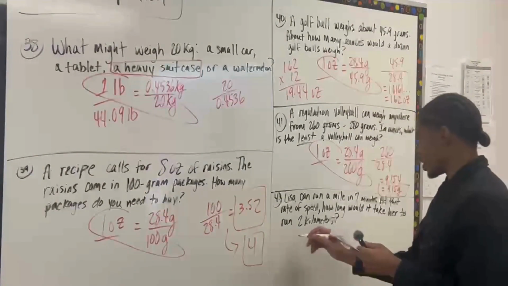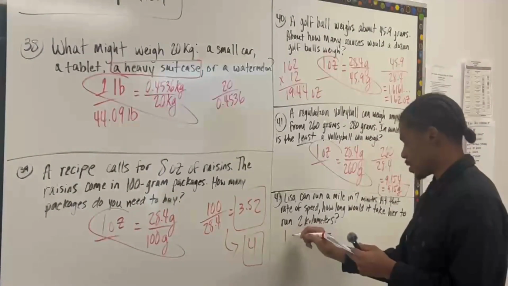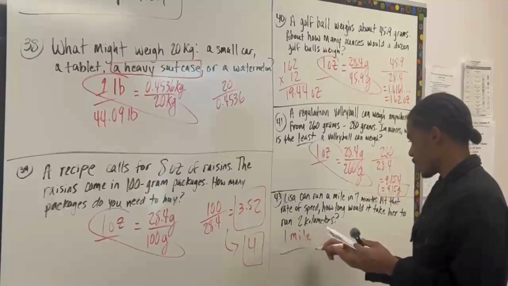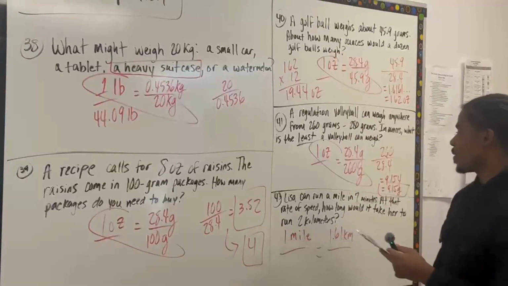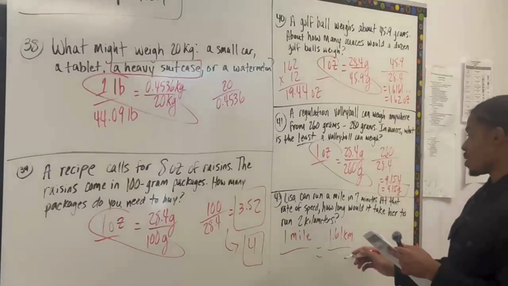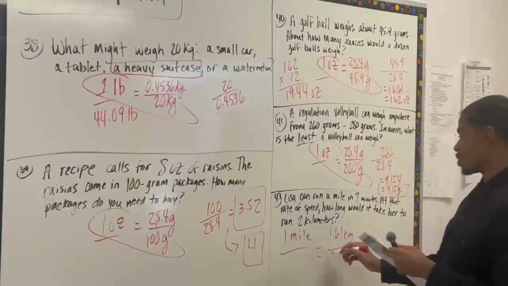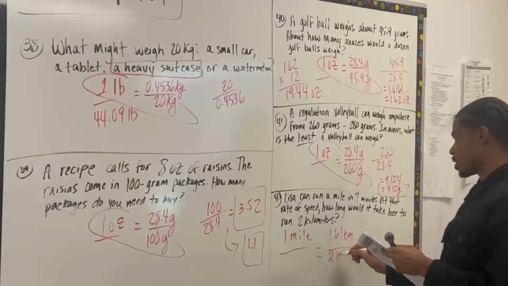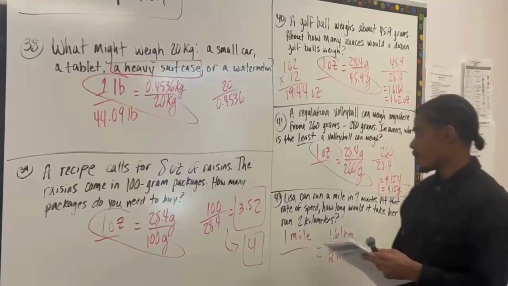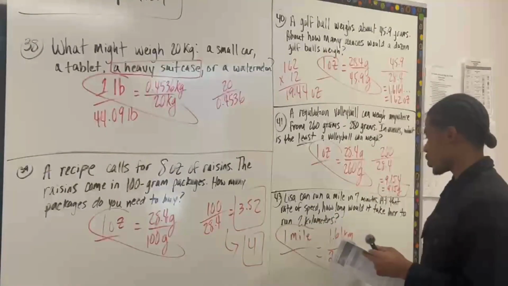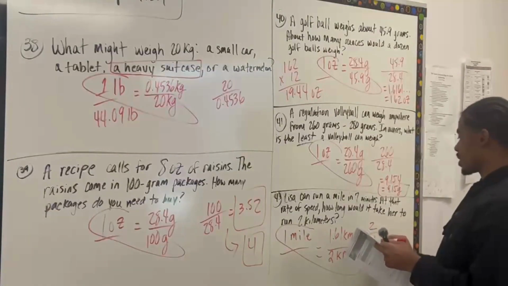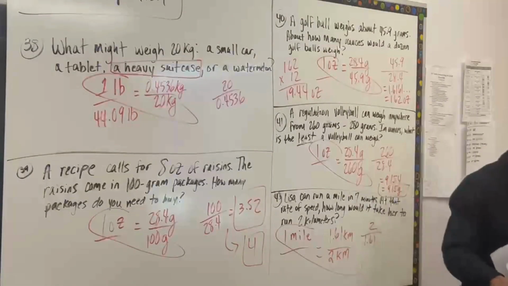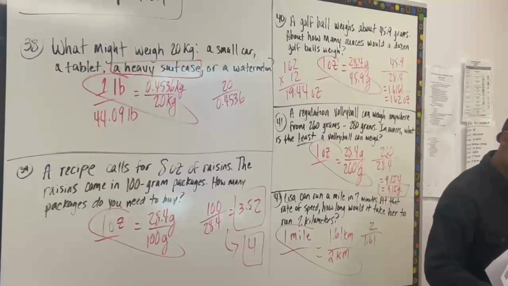So for this one, we should have done 1 mile is equal to 1.61 kilometers. Okay, if we're trying to figure out how long that would be in terms of miles, we're going to put 2 kilometers here. Okay, obviously, we're going to cross multiply. Then we're going to do 2 divided by 1.61.